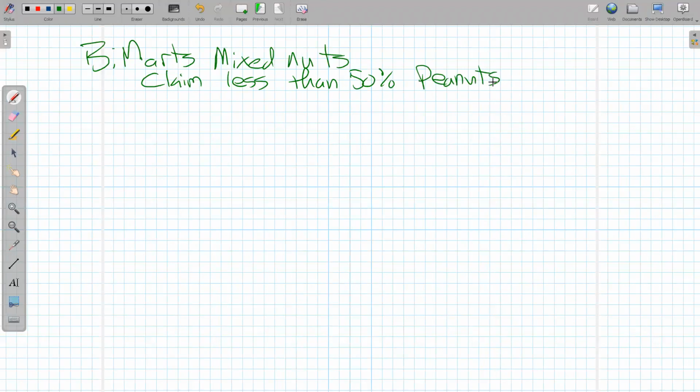And if you go to a Bi-Mart anytime soon and check out their snack section, I bet you'll see this one. I think it's a big red label on there that says, hey, we got less than 50%. Okay, so that's my population. My parameter, P in this case, because it's a proportion, mu would be for a mean. My parameter is the percent or proportion of peanuts.